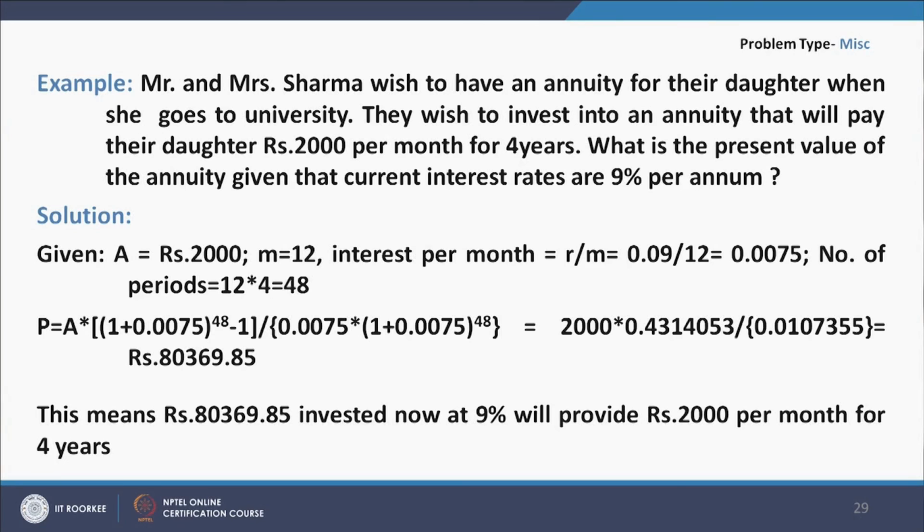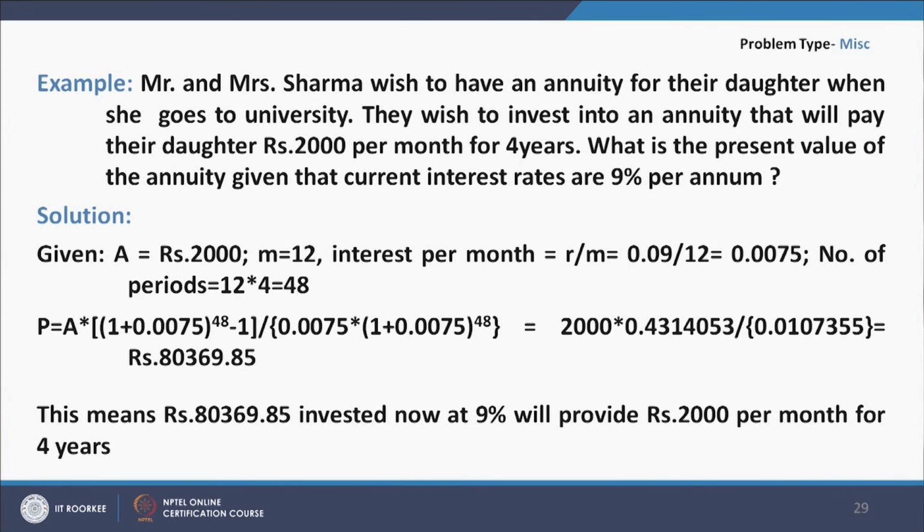Now, again we take a mixed type of problem. Mr. and Mrs. Sharma wish to have an annuity for their daughter when she goes to university. They wish to invest into an annuity that will pay their daughter rupees 2,000 per month for 4 years. What is the present value of the annuity given that the current interest rate is 9% per annum? So, we have A as rupees 2,000, m is 12, interest rate per month is r by m, 0.09 by 12, that is 0.0075, and the number of periods is 12 into 4 because she is studying a course of 4 years.